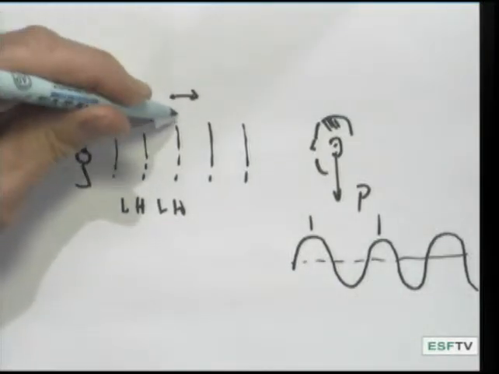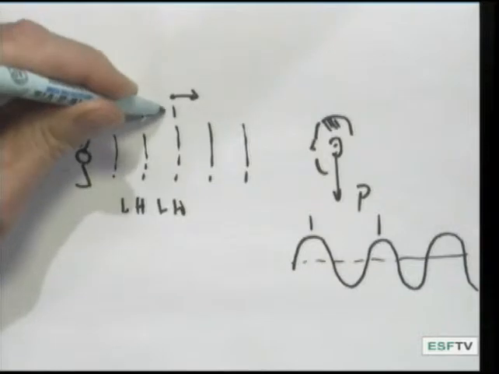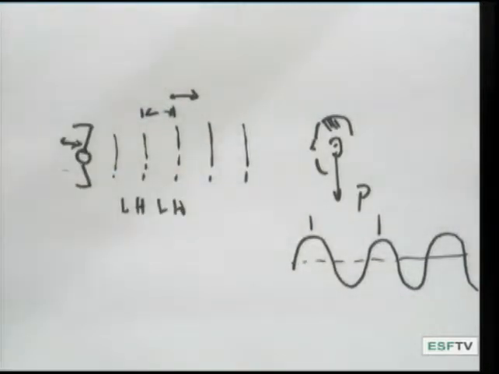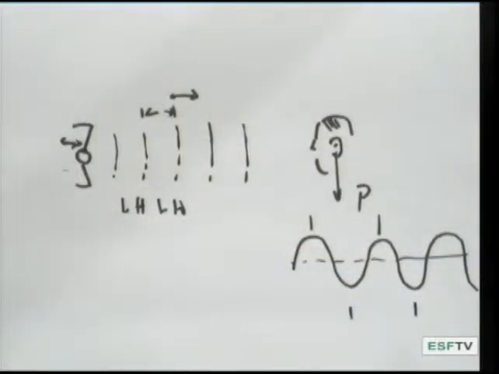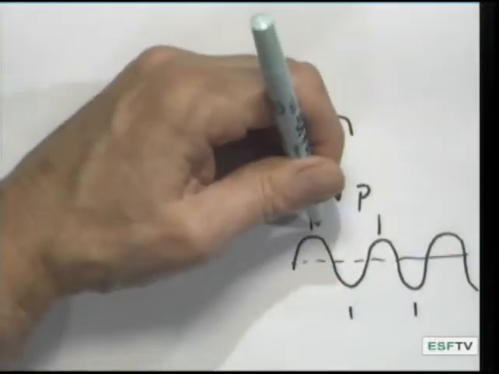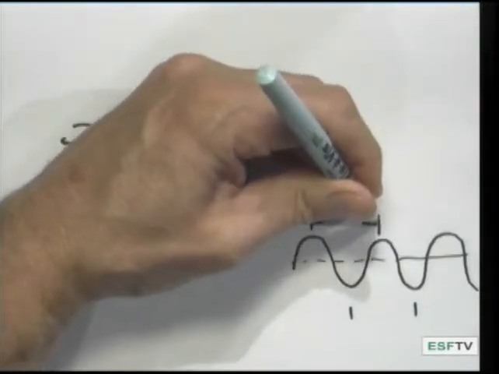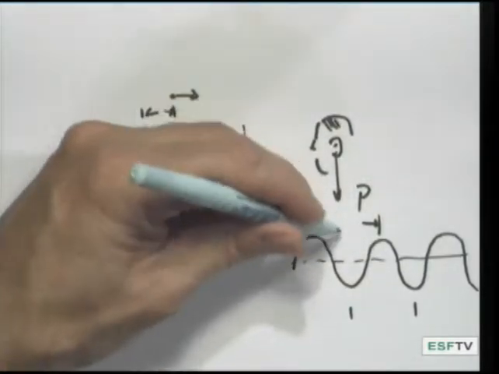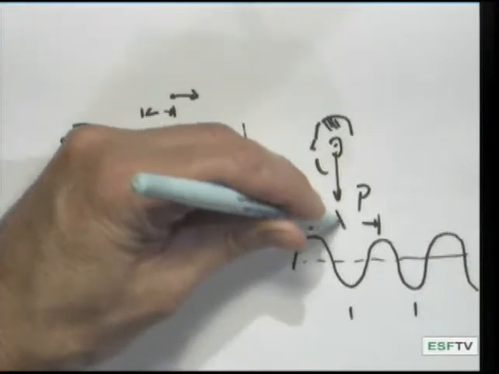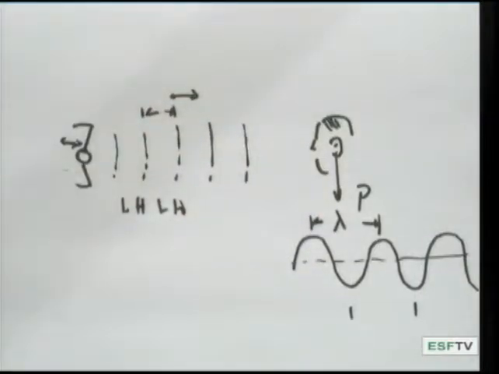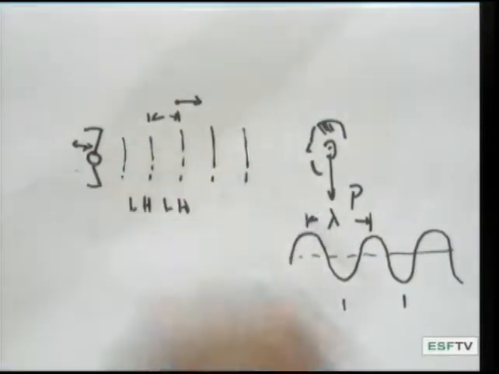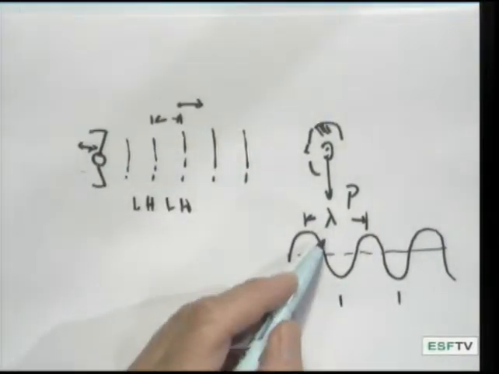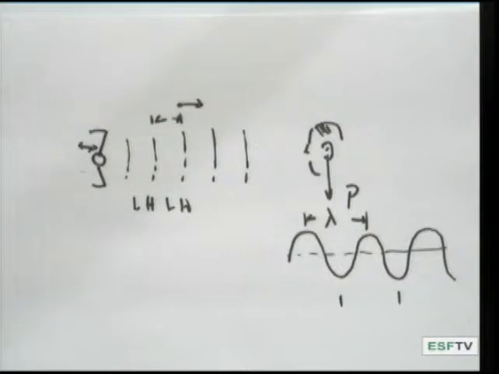If we come over here, we're really looking at this distance right here, the distance between peaks of sound pressure. We could just as easily look at the distance between troughs of sound pressure, but this distance corresponds to a property that we call the wavelength. And the wavelength is usually abbreviated with a Greek letter lambda, which looks in lowercase like this.